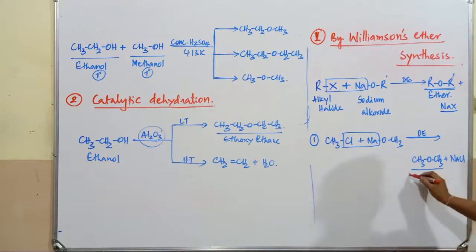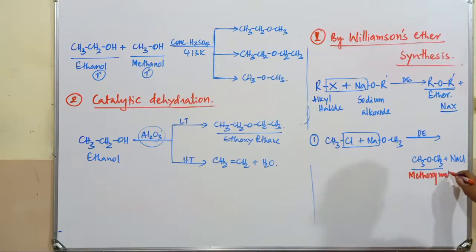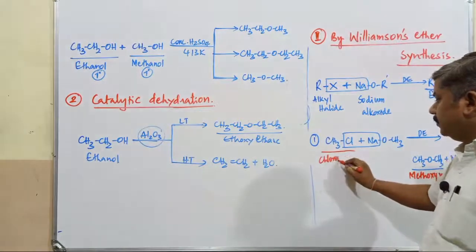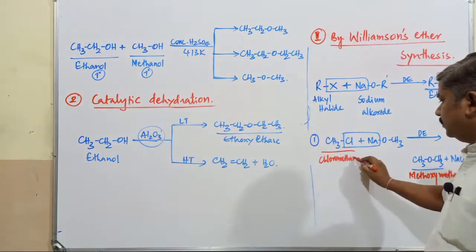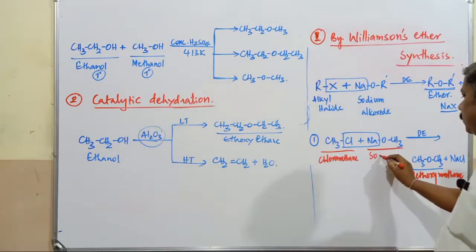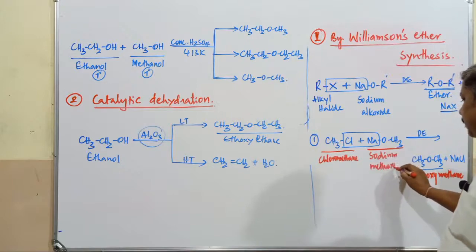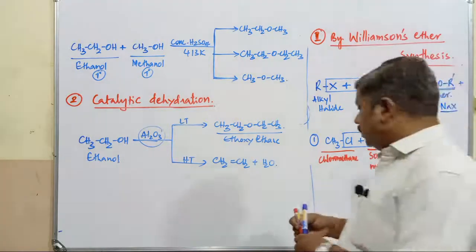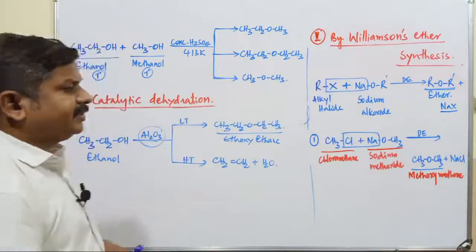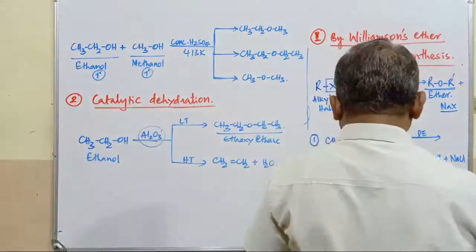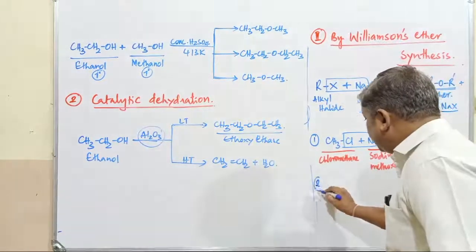It is called methoxymethane, common name dimethyl ether. CH3Cl is chloromethane, and NaOCH3 is called sodium methoxide. When chloromethane reacts with sodium methoxide in the presence of dry ether, it forms methoxymethane.